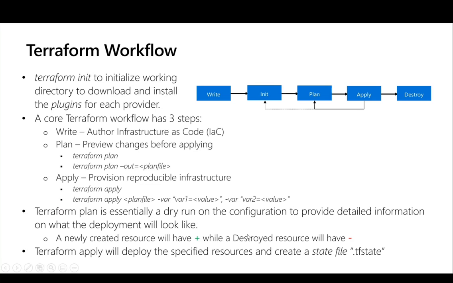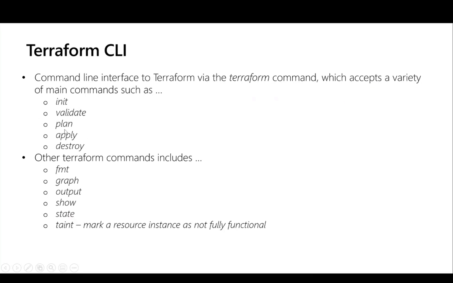And if you're trying to delete a resource, those will be marked with a red minus sign. So all that information would be available when you do the Terraform plan. And you can either have the Terraform plan output generated on the screen, or you can also save it as part of the plan file. And once you have the Terraform plan, then you can apply it to basically provision different resources.